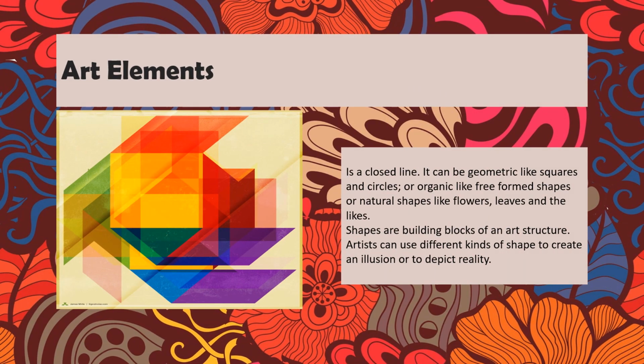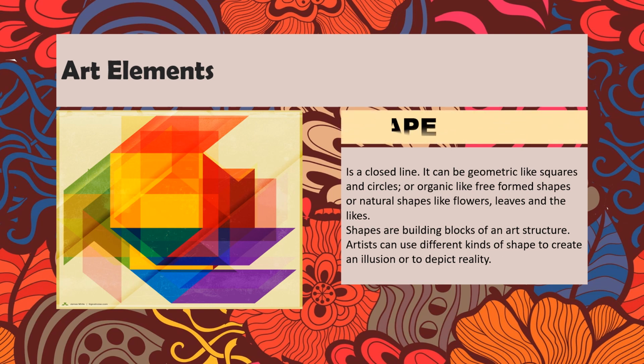Next, we have shape. Shape is a closed line. It can be geometric like squares and circles, or organic like free-formed shapes or natural shapes like flowers, leaves, and the likes.